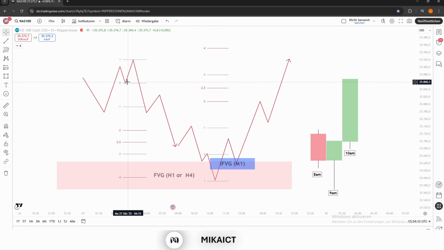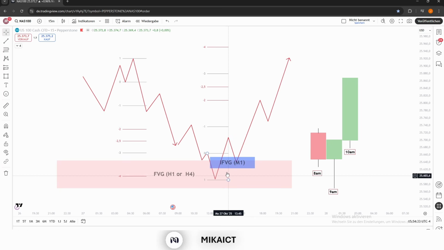We can use standard deviation to predict potential reversal levels. I know I just drew the line, but price is bouncing from the -4 level here. It can also bounce from the -2, -2.5 level, but that's not the case here. So this is the first method: use standard deviation to predict reversals.